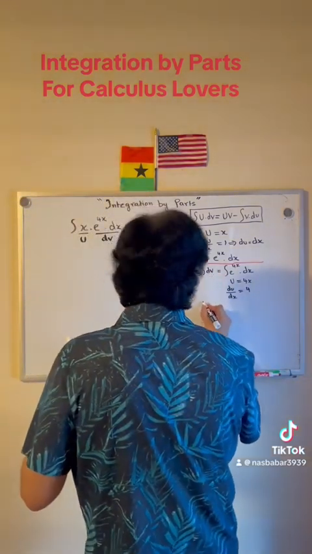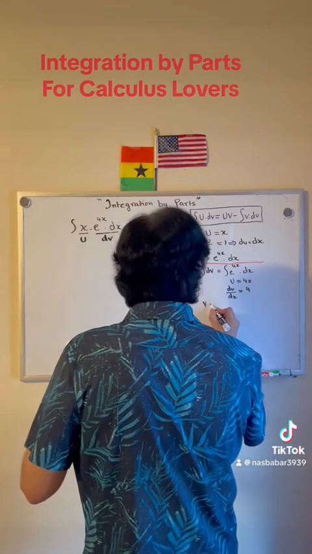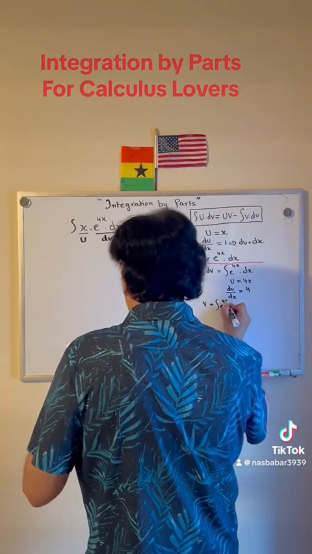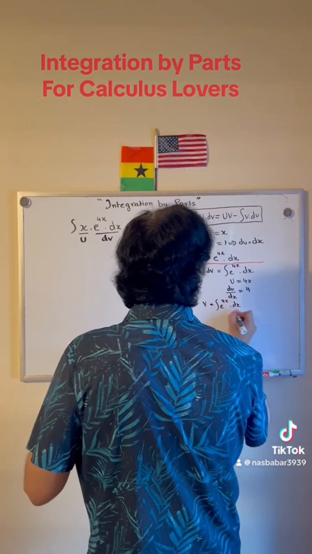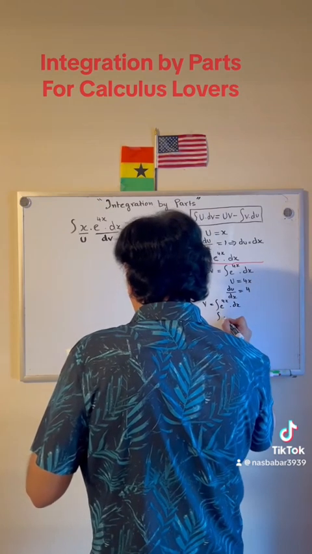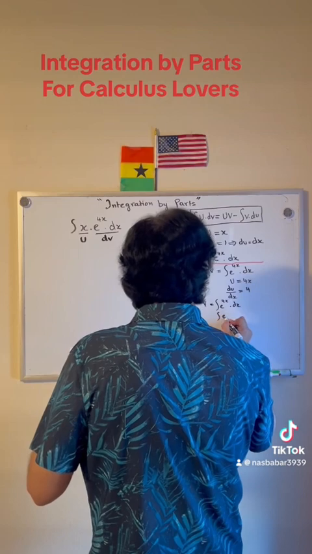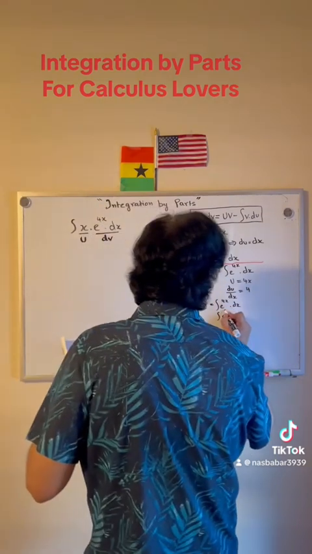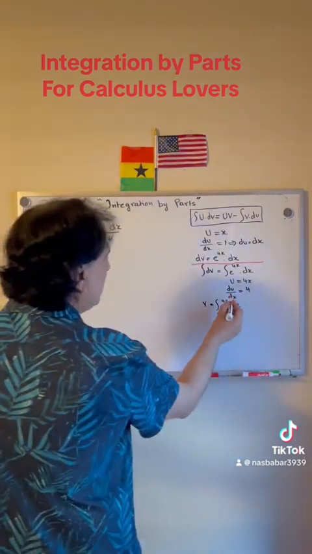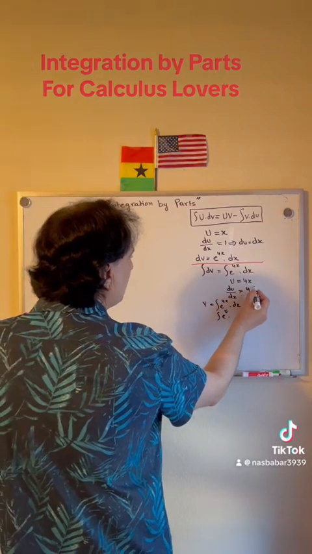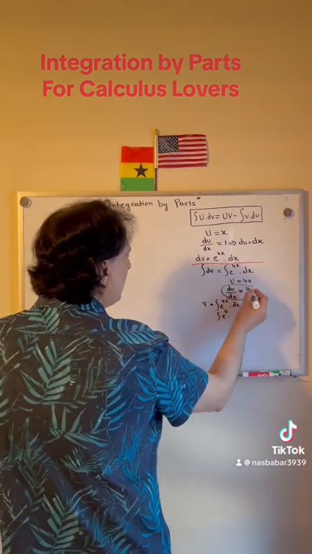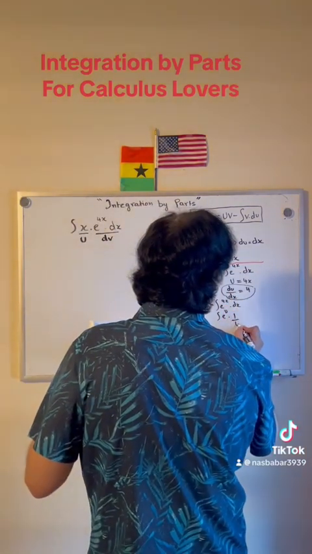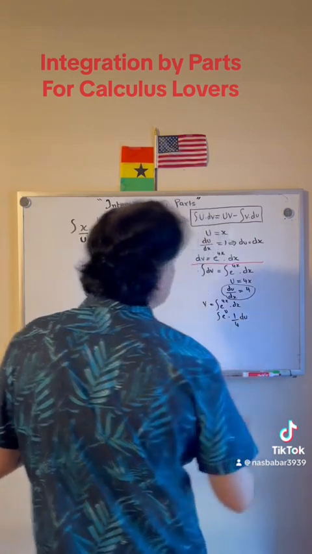This becomes v, and then I get the integral of e to the 4x times dx. Then I replace 4x with u, and dx will be equal to 1 over 4 du. So far so good.